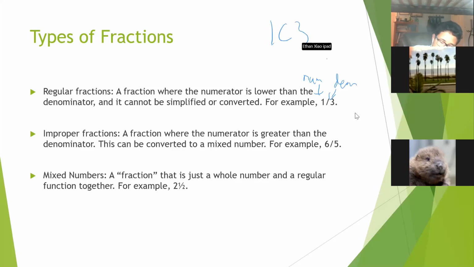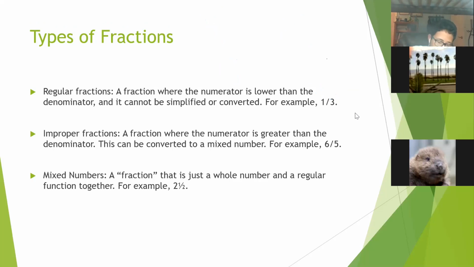This is a regular fraction and you can't really do anything with it. So basically, I'm going to say it again. The numerator is the number on the top of the fraction. So 1/3, this would be the numerator. And the denominator is the bottom number of the fraction, which is the 3 here.